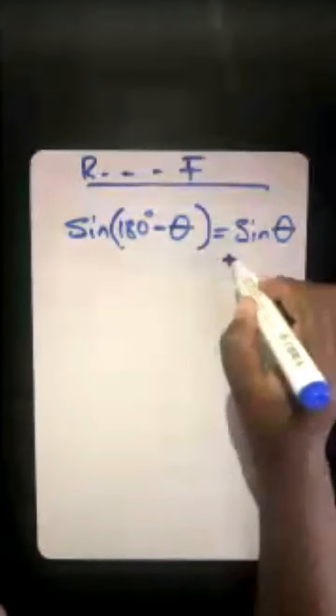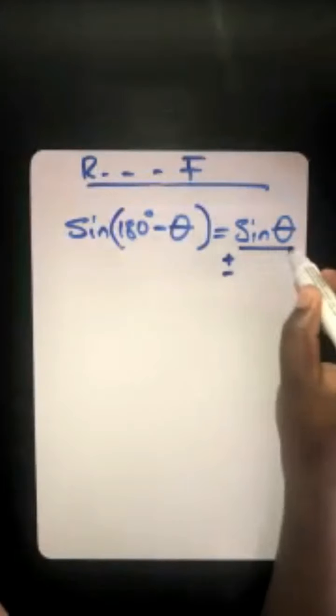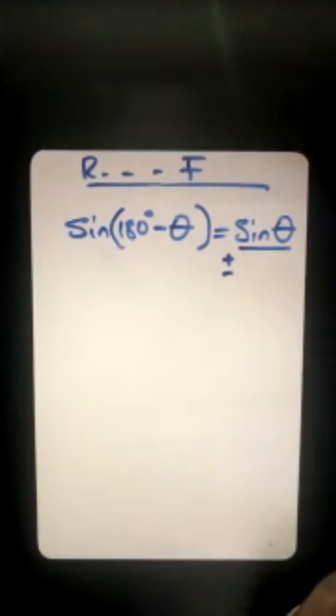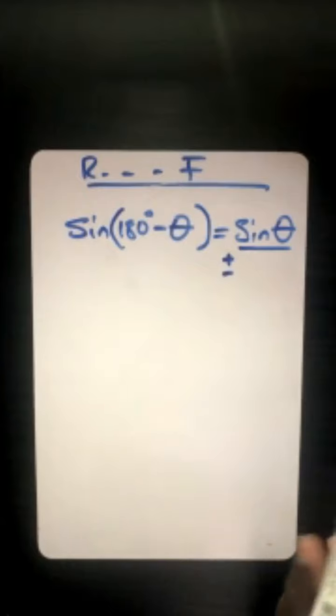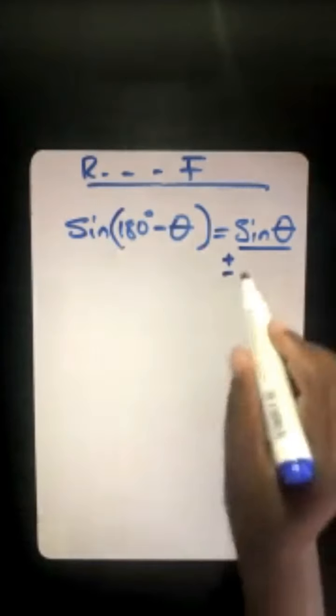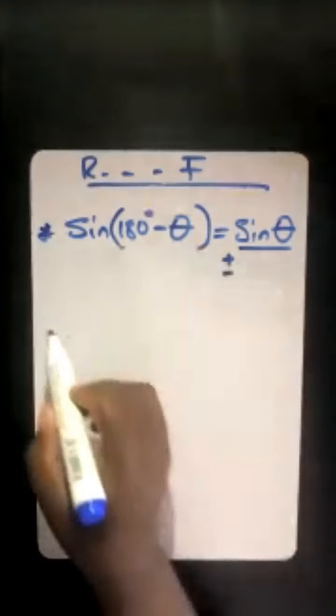But now the question is, are we going to have a positive or negative sine angle? It's going to be positive. I hope everyone remembers very well that in the second quadrant, sine is positive. So that's why you are able to tell if sine is positive or negative.